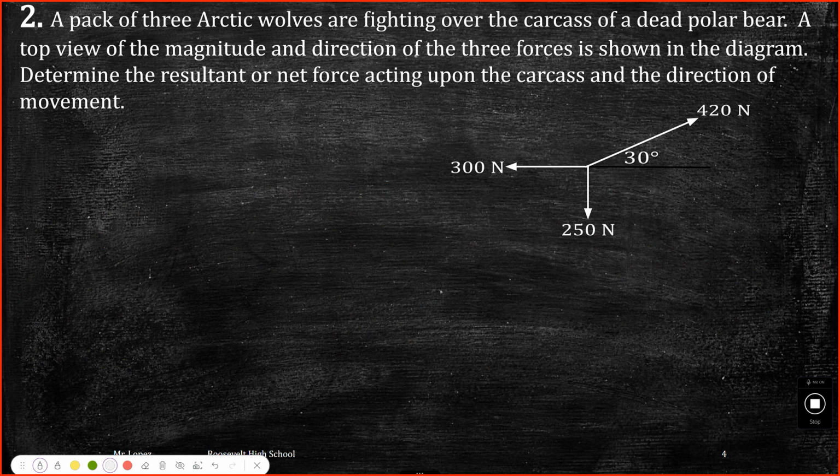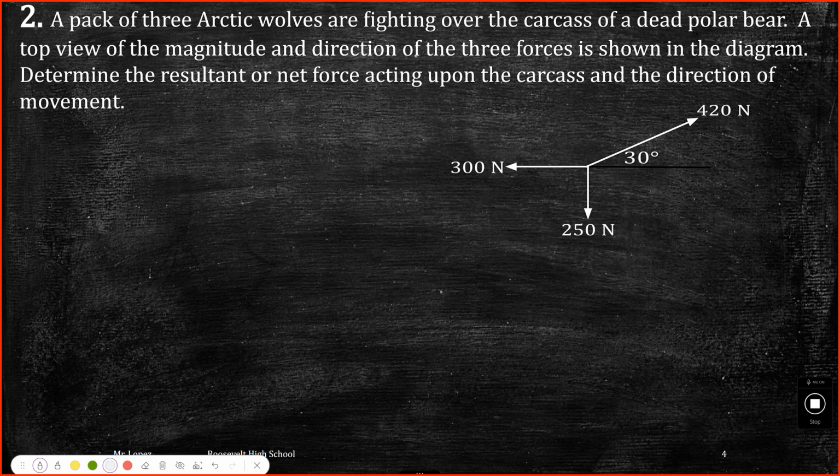All right, let's go. Number 2. So it says here, a pack of 3 Arctic wolves are fighting over the carcass of a dead polar bear. A top view of the magnitude and direction of the 3 forces is shown in the diagram. Determine the resultant or the net force acting upon the carcass and the direction of movement.